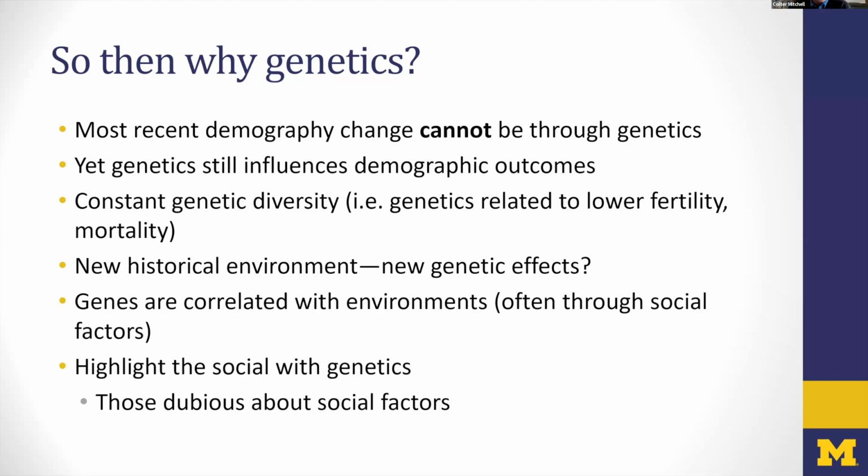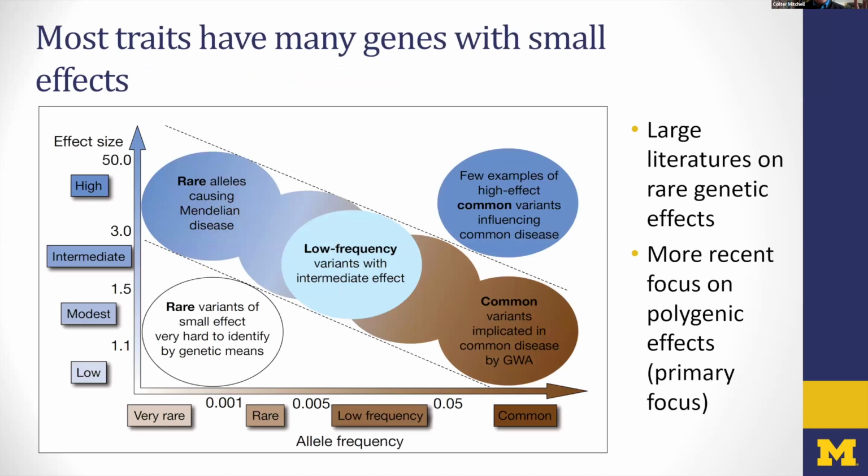And I think it's a great way to highlight that, especially considering that there are still a large number of people who doubt that social factors can drive a lot of these, what they might consider biological processes. Okay, so that's one thing to keep in mind when we're doing all of this. And I spent a lot of time on that first part just to set it up.